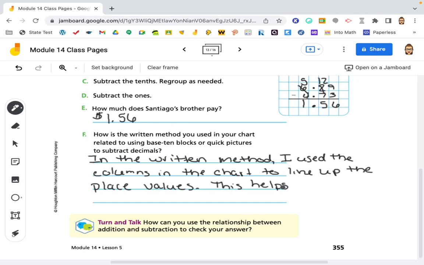This helps me subtract the hundredths, tenths and ones.